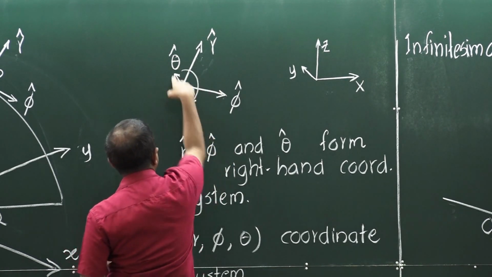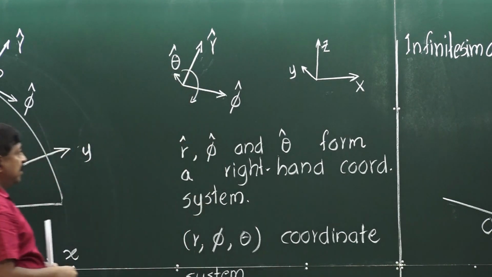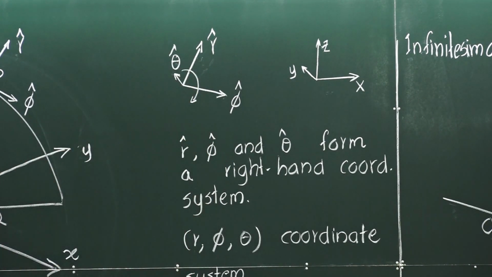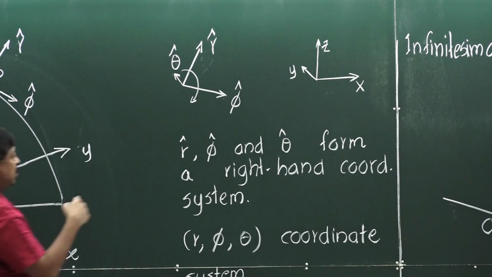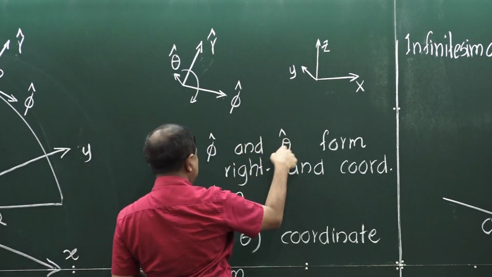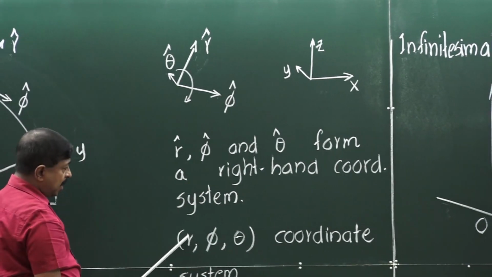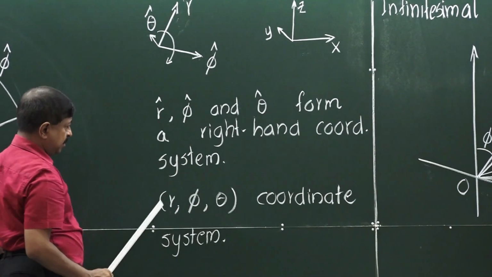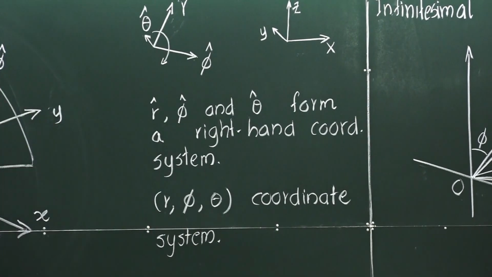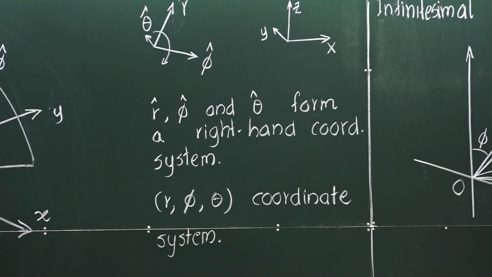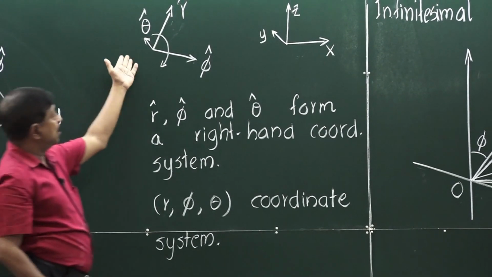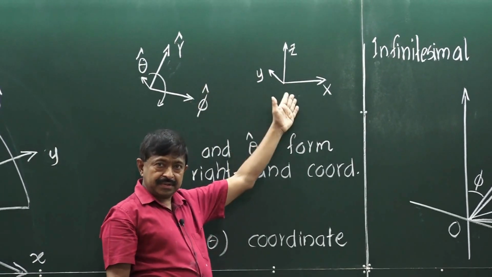Then the head moves inside along the theta hat direction. That means r hat, phi hat and theta hat form a right hand coordinate system, those directions. Therefore, we write it like this: r, phi and theta. It is an r, phi, theta coordinate system. R is the first coordinate, phi is the second, theta is the third. Like you have a similar orientation.